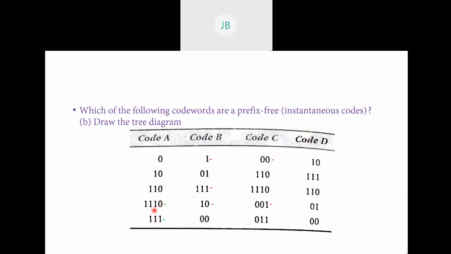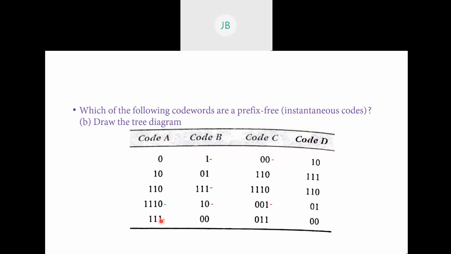If you get a code word like this, how do you decode it? You may get confused whether this is one symbol and that is another symbol. For example, this is A, this is E, and then this is D. Then D is equal to E, that is these 3 bits, and A. There is this kind of confusion.